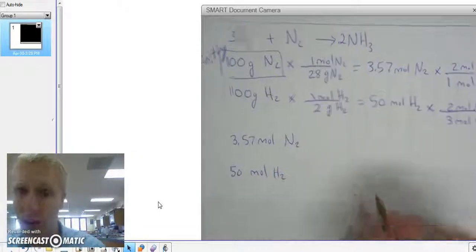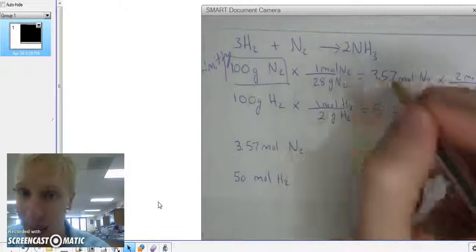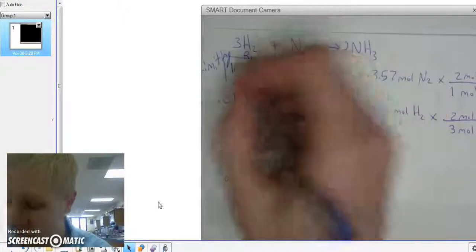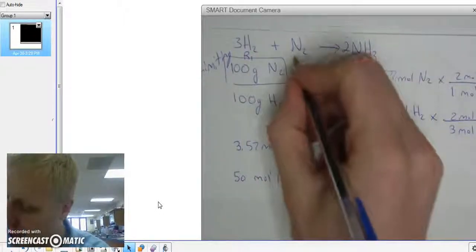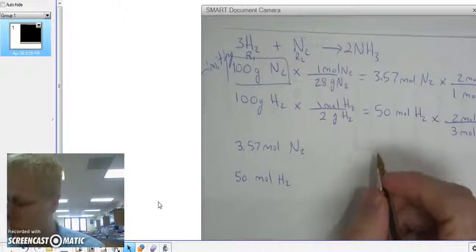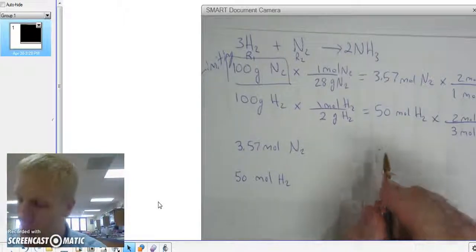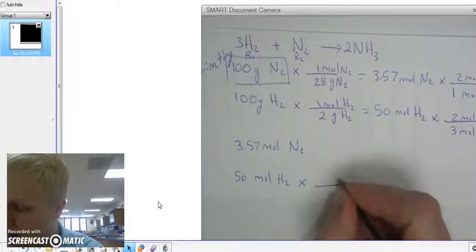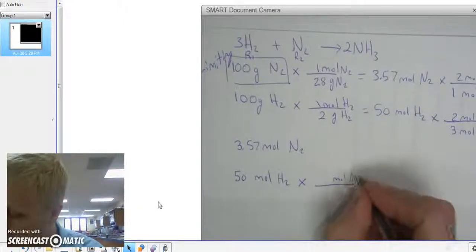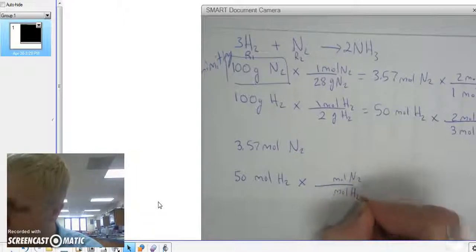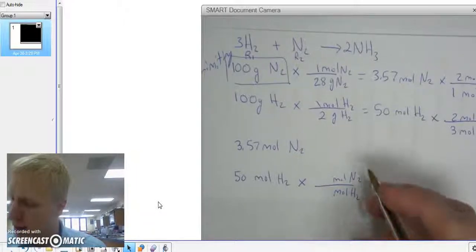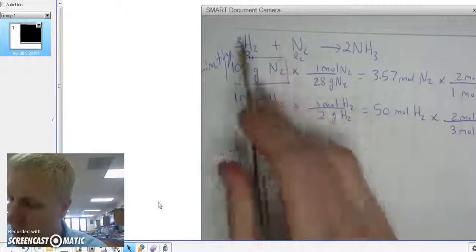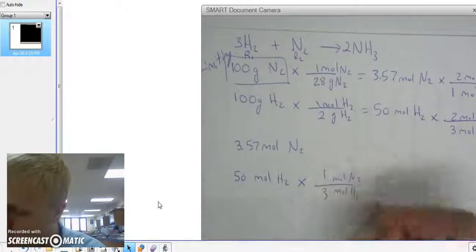What I'm then going to do is designate a reactant 1 and designate a reactant 2. I'm just going to say this H2 is my reactant 1, and N2 is my reactant 2. Alright, so my reactant 1 I'm going to take and compare it with my reactant 2. Moles of N2 over moles of H2. Looking at it, I've got 1 N2 for every 3 H2, so it's 1 over 3.